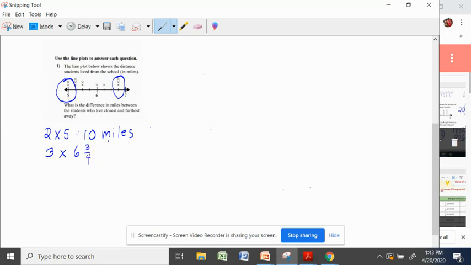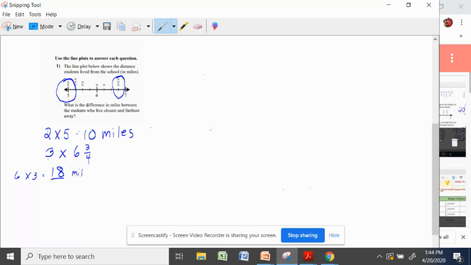So remember what we said: if we are multiplying mixed numbers, we have to multiply our whole first. So 6 times 3 is 18. So that's my whole. Now I can't forget my fraction. So 6 times 3 or 3 times 6 is 18 miles.